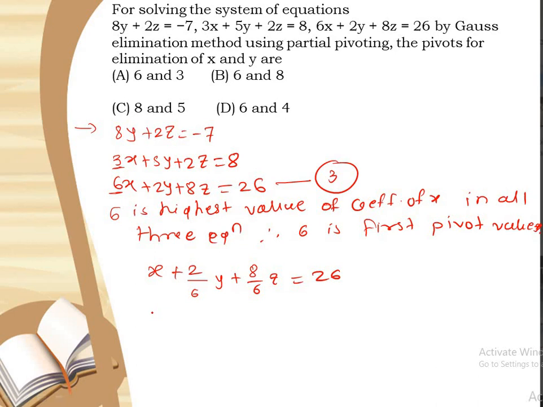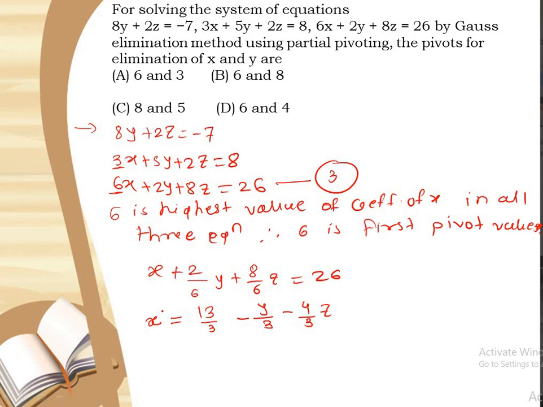So we get the value of x as x is equal to 13 by 3 minus y by 3 minus 4 by 3 z.